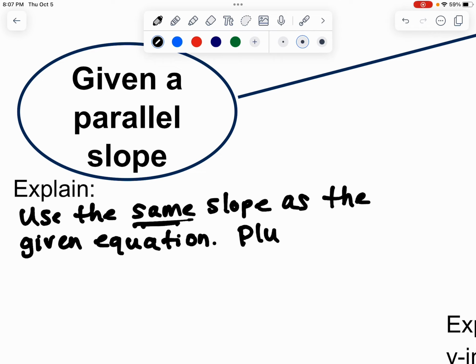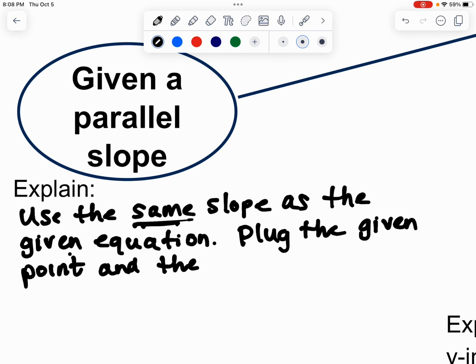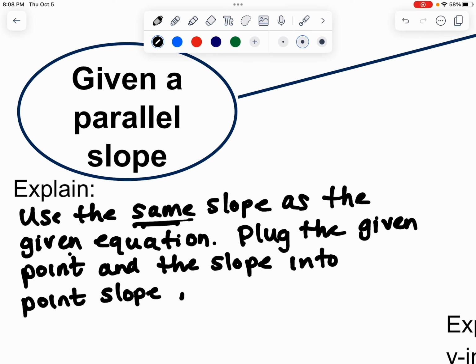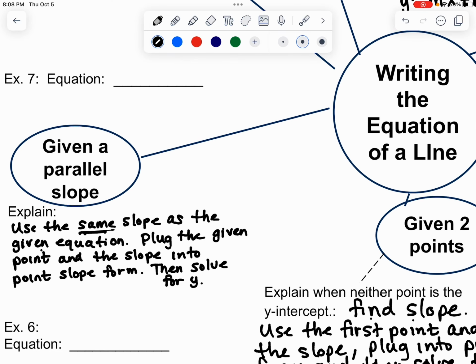We are going to plug the given point and the slope, the same slope because it's parallel, into point slope form. Then solve for y. And so we can get it into y equals mx plus b. Okay, pause the video. Try example 6 on the back.